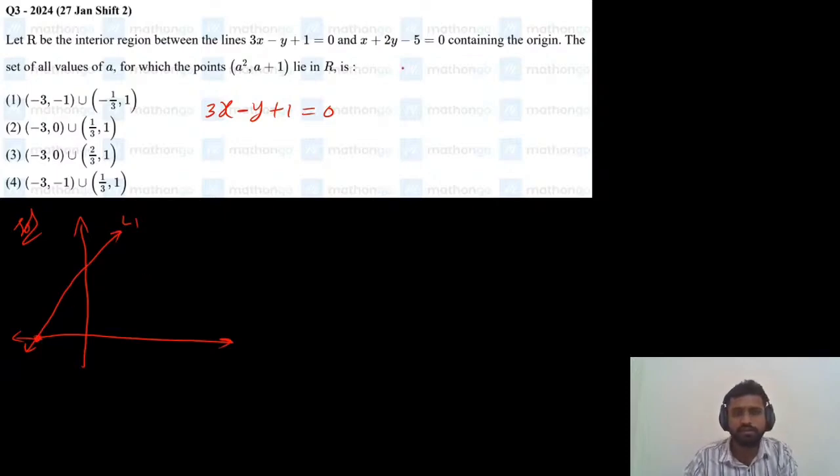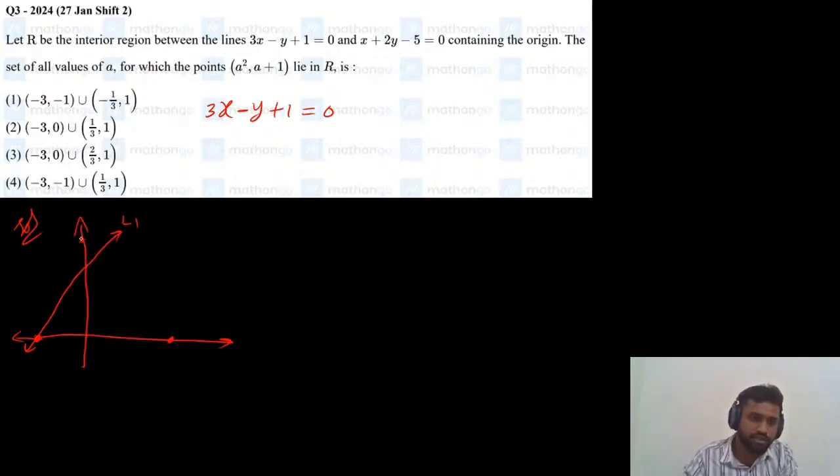And for the other line, on the x-axis y will be 0, so x is 5, the point (5, 0). On the y-axis x will be 0, so if you put x as 0, y equals 5 by 2. So the point 5 by 2 will be here.